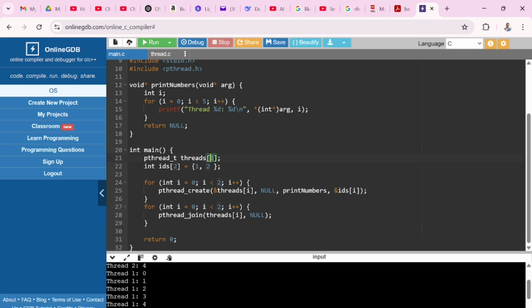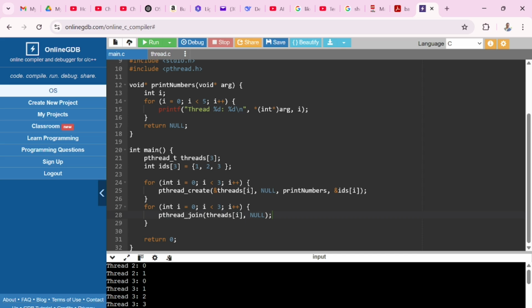Now instead of two threads, if I make it three threads, then the whole situation will work for 3 threads. And if I run this, thread 1, then thread 2, then thread 3, and if I run this again, then thread 1, thread 2, thread 3 only in the same order we are getting.